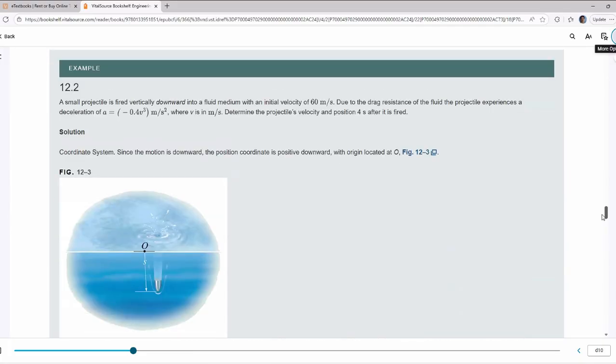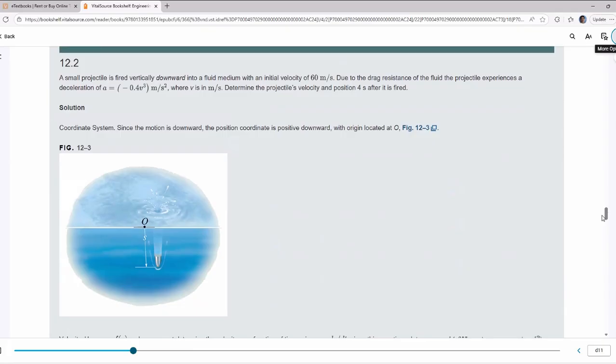All right, this example is a little bit challenging. A small projectile is fired vertically downward. So we say downward is positive, because the direction of motion of the small projectile is downward into a fluid medium, with an initial velocity of 60 meters per second.